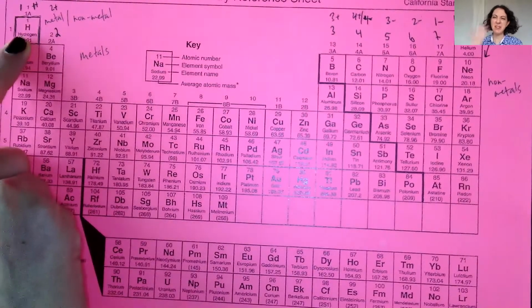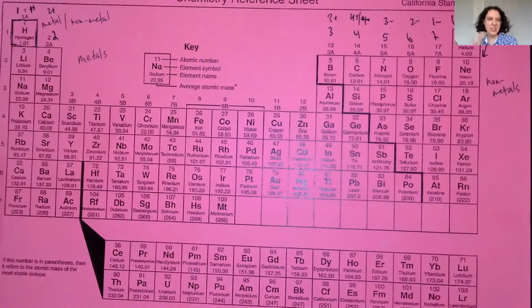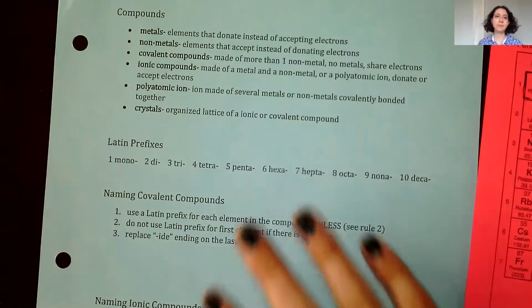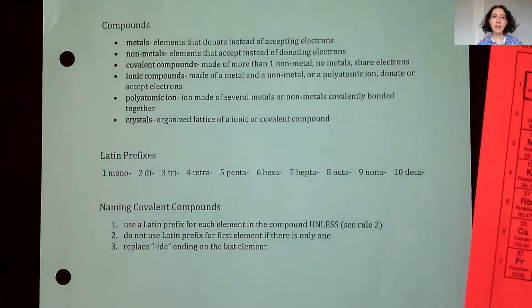It's a little confusing, but just remember hydrogen can be a little bit funky. So that's the basics there that you need to know. Metals become cations because they tend to donate electrons, and nonmetals become anions because they tend to accept electrons, so they end up being negatively charged.